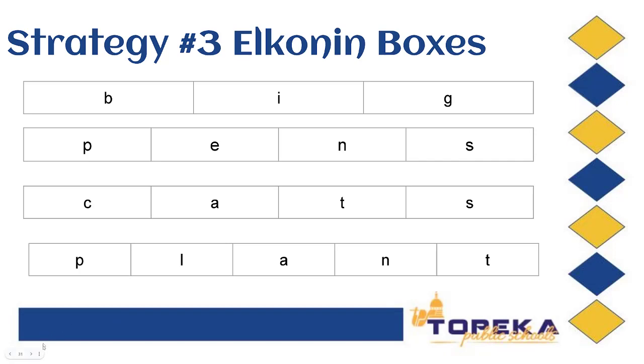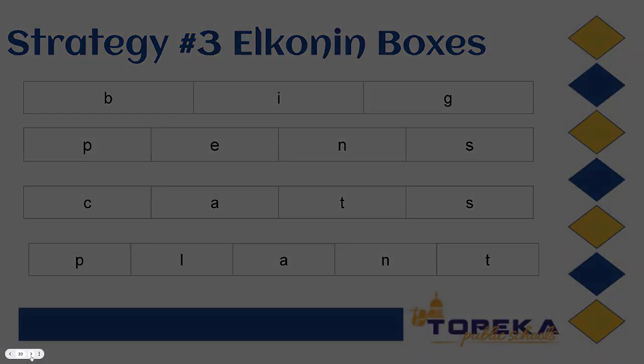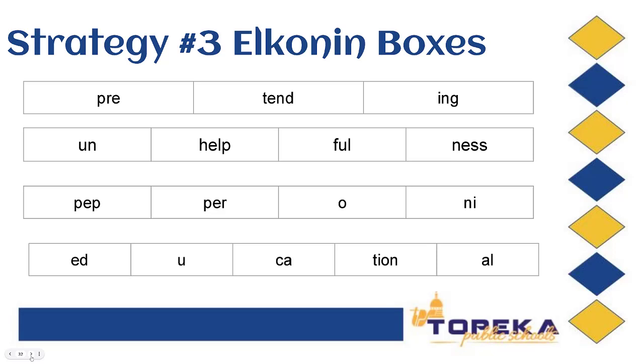Now, if we had students who are working with multisyllabic words, notice that we can also do Elkonin boxes for multisyllabic words. And in this case, we are more than likely going to have the phonics piece because we will have these written out.